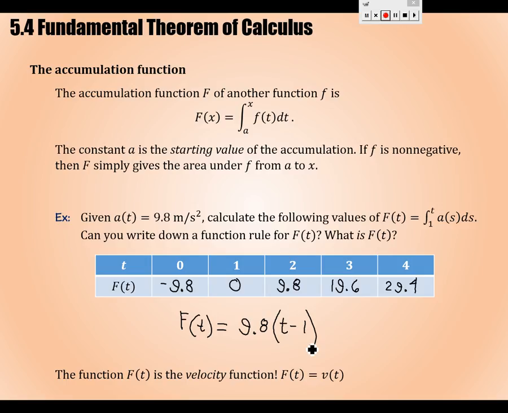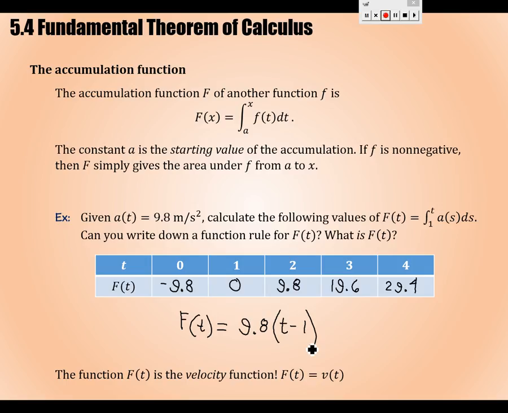Why? Well, because we've already discussed multiple times that the area under the acceleration curve gives you velocity. Or maybe we didn't do it in that context. The area under the velocity curve gives you distance or something like that, right? Do the units work out too? Is the area underneath an acceleration curve?